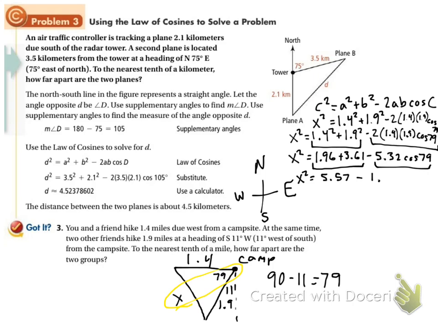Well, about 1. We'll go with 1. So we get that x squared is equal to 4.57. Then we square root both sides, and x is equal to about 2.1. So 2.1 miles.